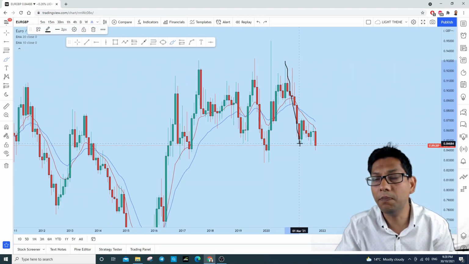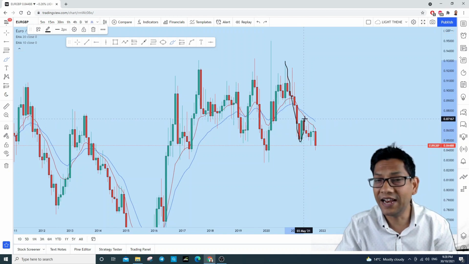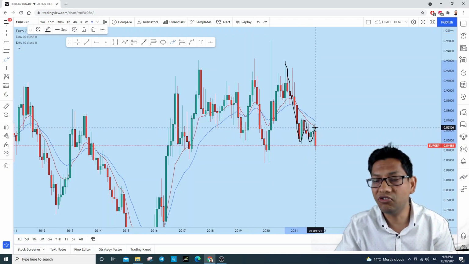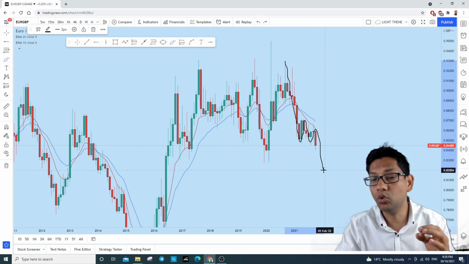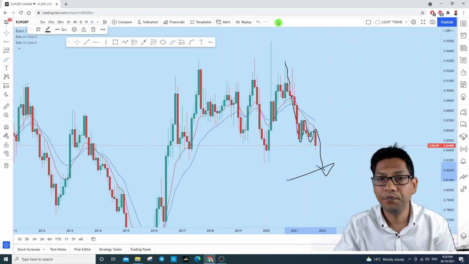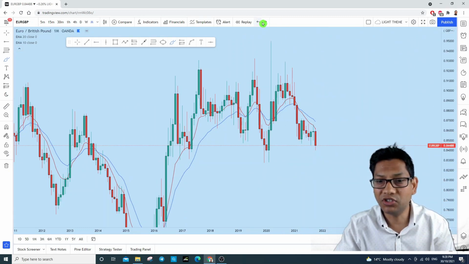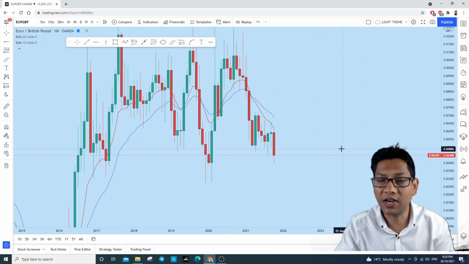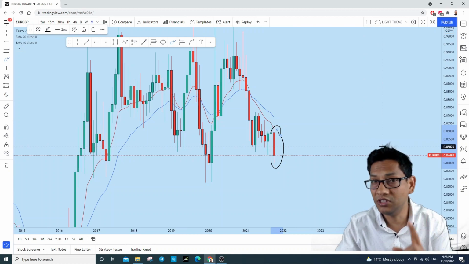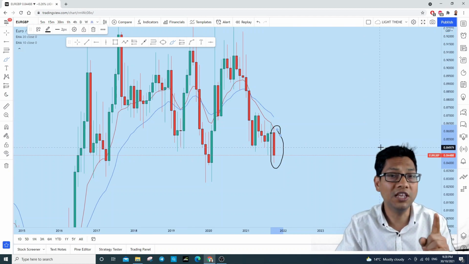So this is the market structure. There has been a strong impulse followed by this green candle, and there has been another impulse followed by this retracement to narrow candles. Now what we see is Euro GBP in another impulsive phase. Now if we narrow down to the recent time frame, this current month candle is closing this month.